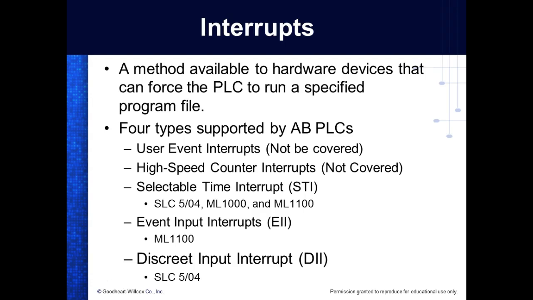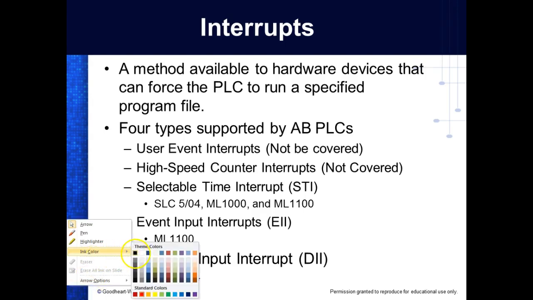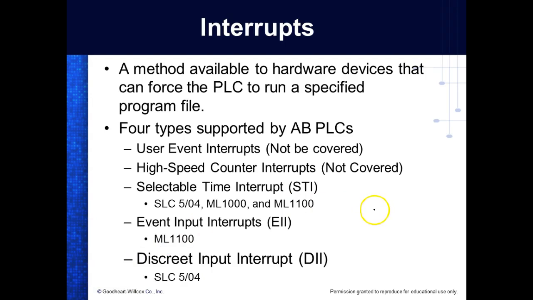What do we mean by high-speed counter? We have an encoder, in fact, we've got them in a box back there, that gives us speed. And it gives us 2,100 pulses per revolution.